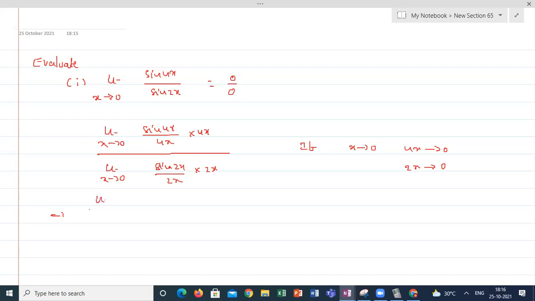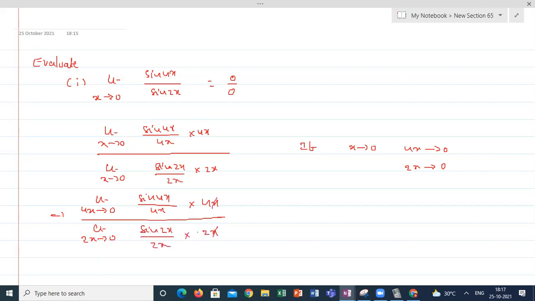So limit 4x tends to 0 sine 4x by 4x into 4x, divided by limit 2x tends to 0 sine 2x by 2x into 2x, where x is cancelled. Now apply the limit: 1 into 4 by 1 into 2. Answer is 2. Hope you understand what I have done here.